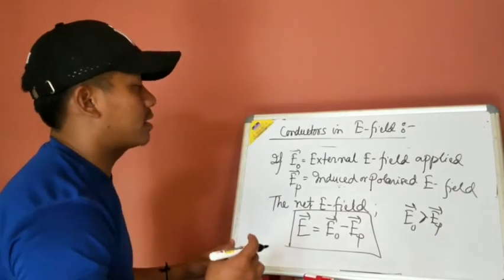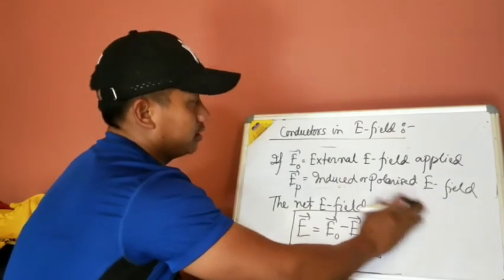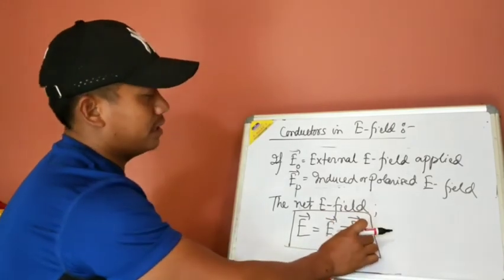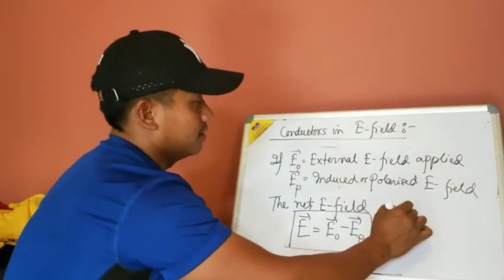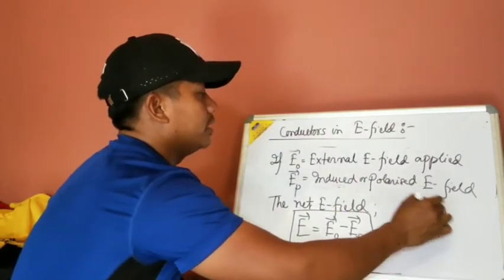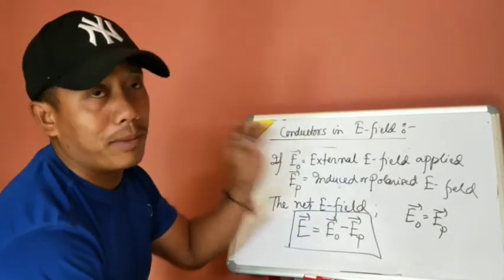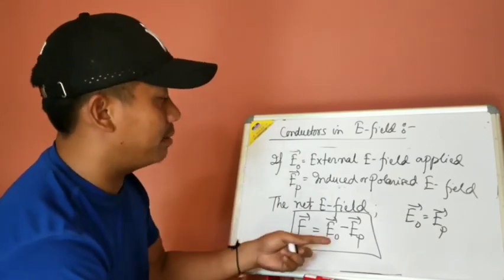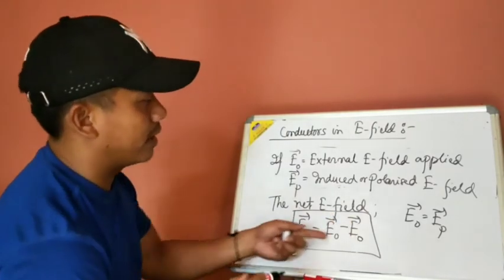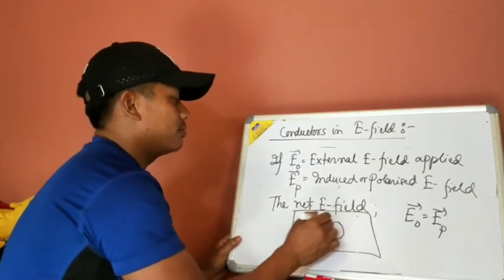However, in the case of conductors, the value of EP will increase until E naught is equal to EP. The induced electric field rises automatically to match the applied electric field, so E naught minus E naught gives zero, and the electric field becomes zero.